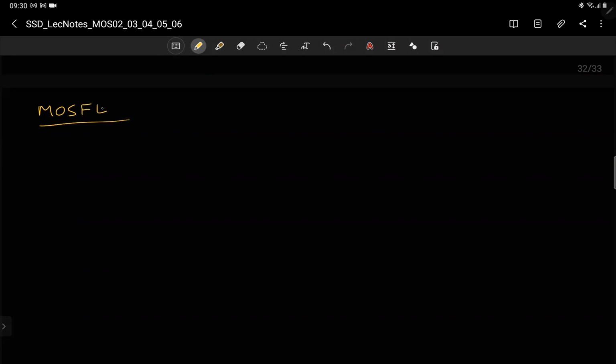Simply they call it MOS transistor or MOSFET. MOSFET they use quite extensively.